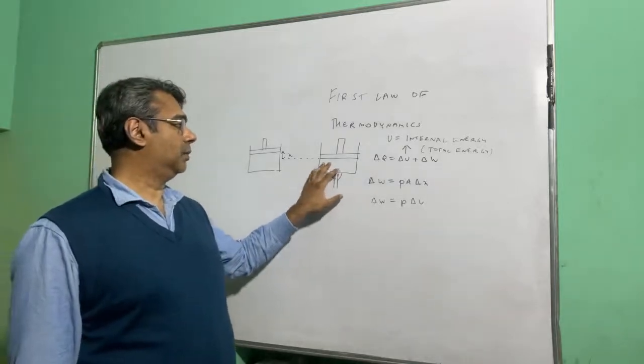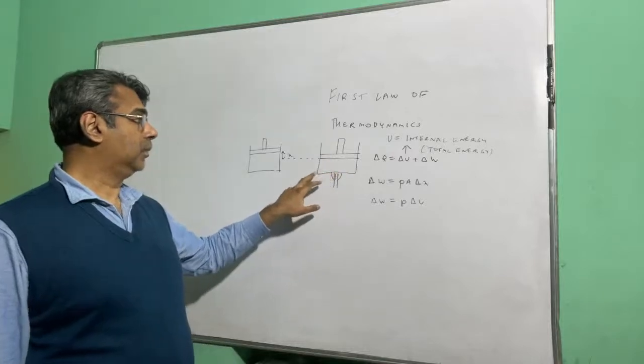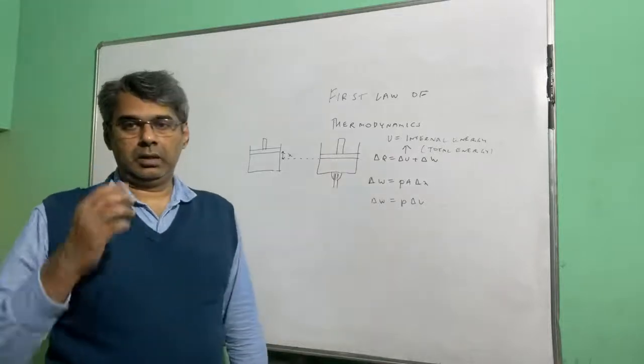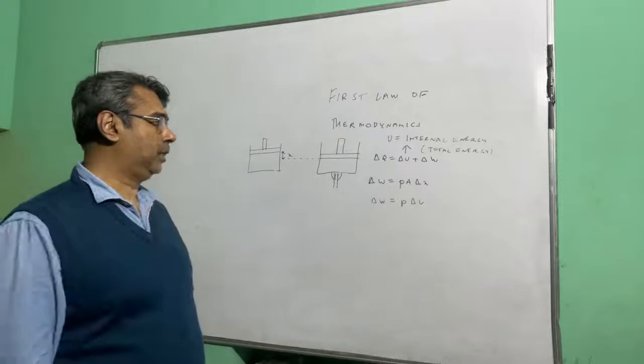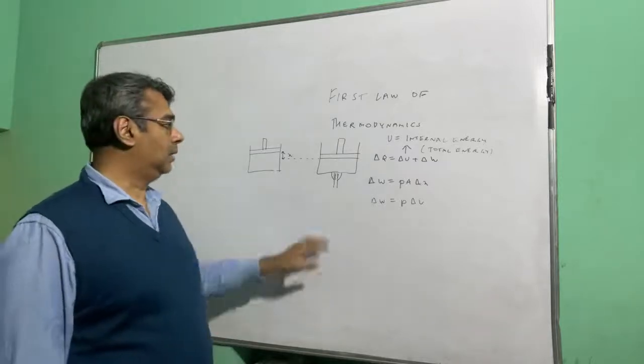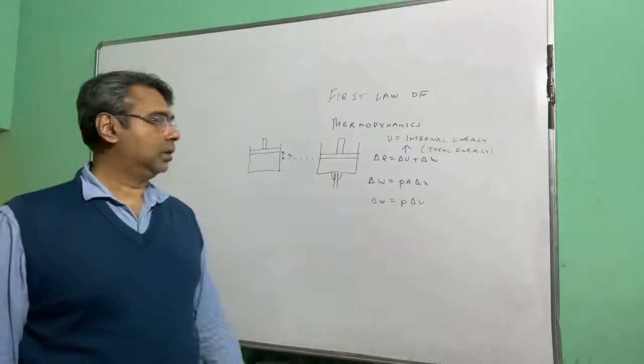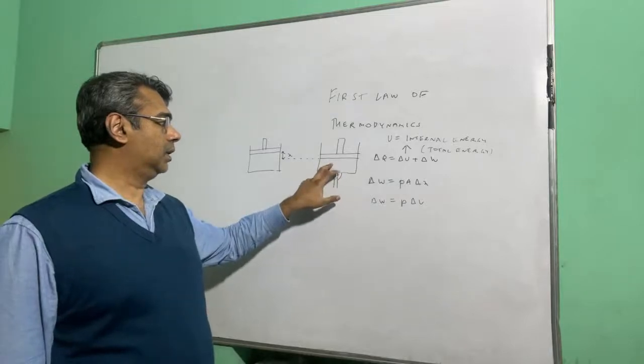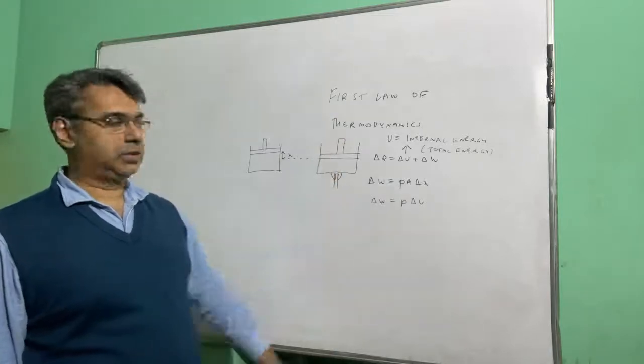So due to the heat supplied, the internal energy of the system will change, and the system will be able to do some work. Like this piston is there, so the gas which is over here will be able to push the piston.